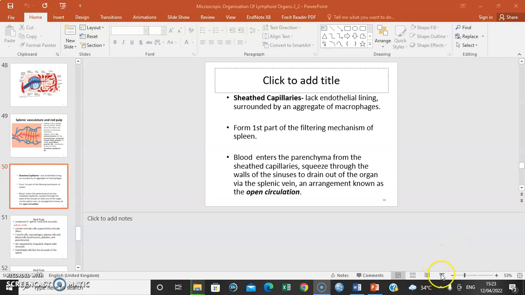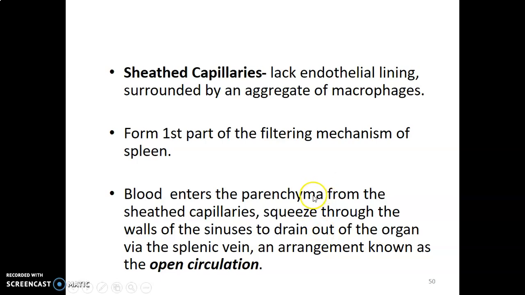So the open circulation of the spleen is where the blood enters the parenchyma from the sheathed capillaries, then squeezes through back to the sinuses, and from the sinuses to the splenic vein into the blood circulation in the body.